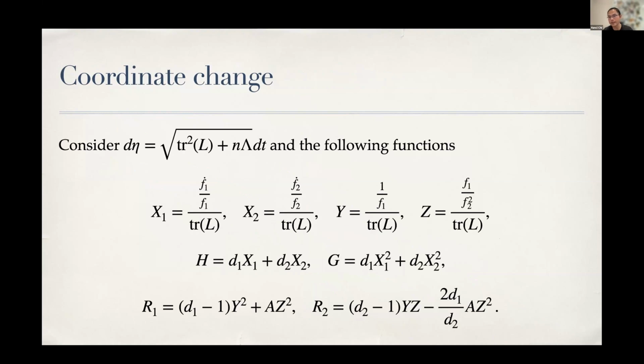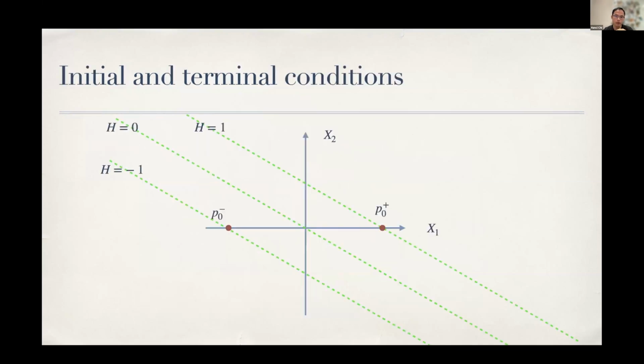And you can easily prove that the new system is invariant in the region where h is between -1 and 1. So we want to consider the integral curves that flow out from the P0 plus, and we hope that some of these integral curves are actually heteroclines that join P0 minus and P0 plus.